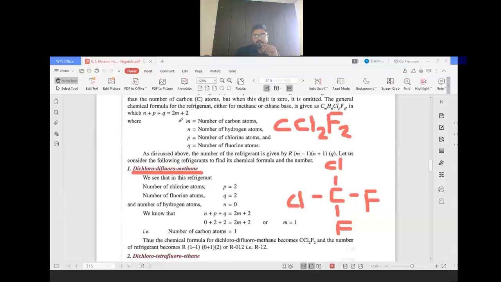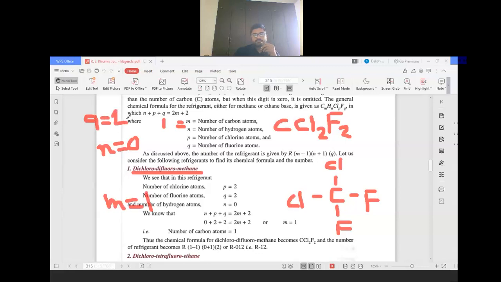So M is 1. Any hydrogen present? No hydrogen, so you need to write that hydrogen is 0, N is 0. Now any chlorine present? No, so P is 0. And Q, fluorine present? Yes, so Q is equal to 2.